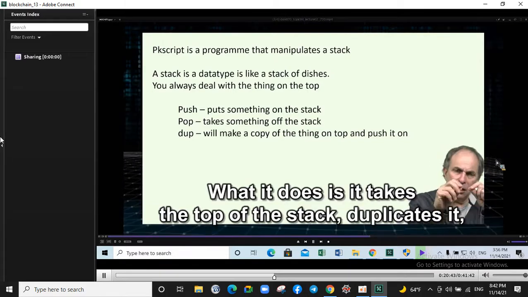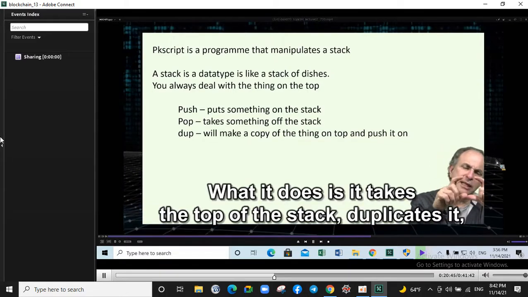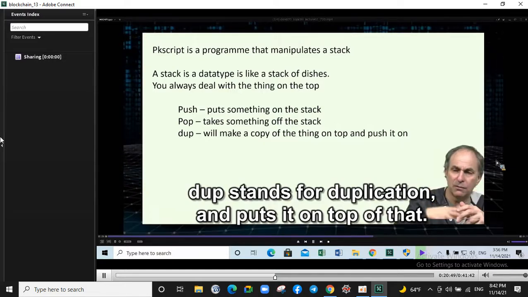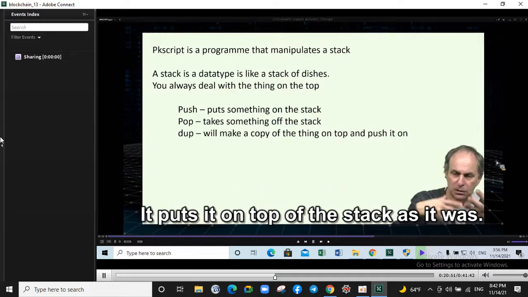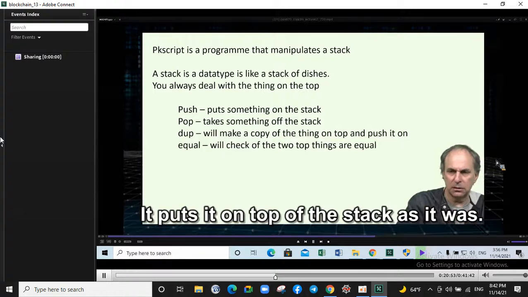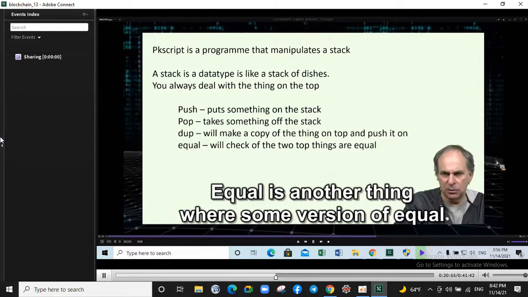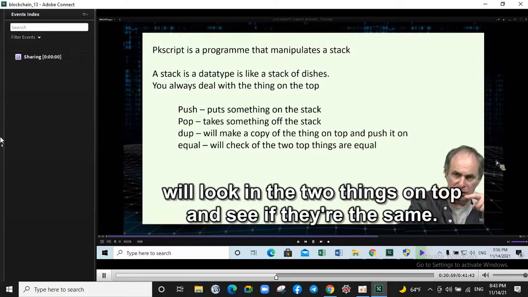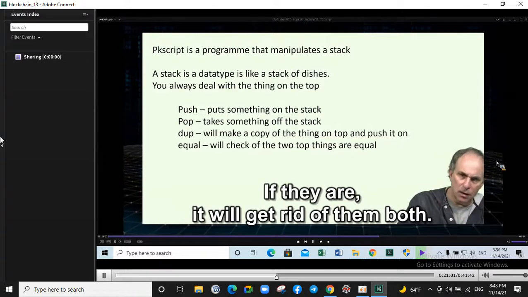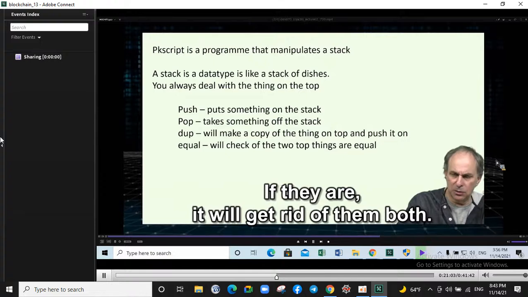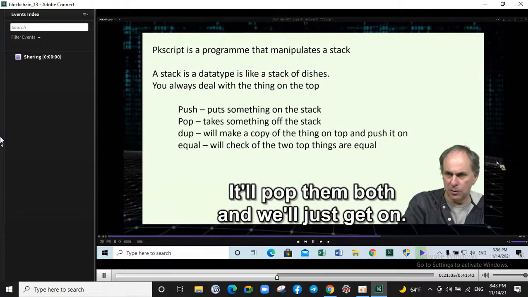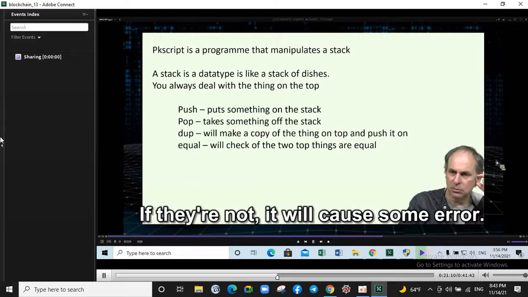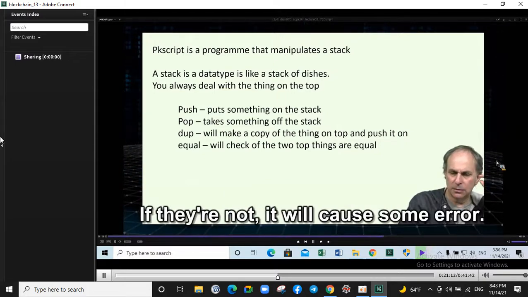It takes the top of the stack, duplicates it, and puts it on top of the stack as it was. Equal, or some version of equal, will look at the two things on top and see if they're the same. If they are, it will pop them both, and we'll just get on. If they're not, it causes some error.